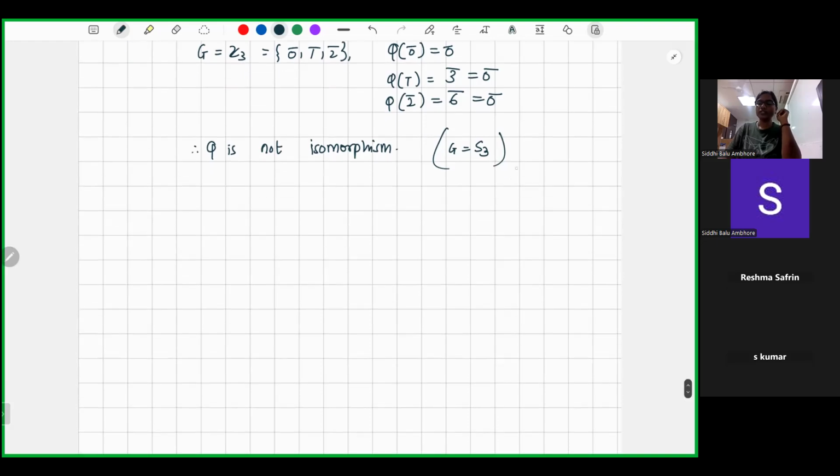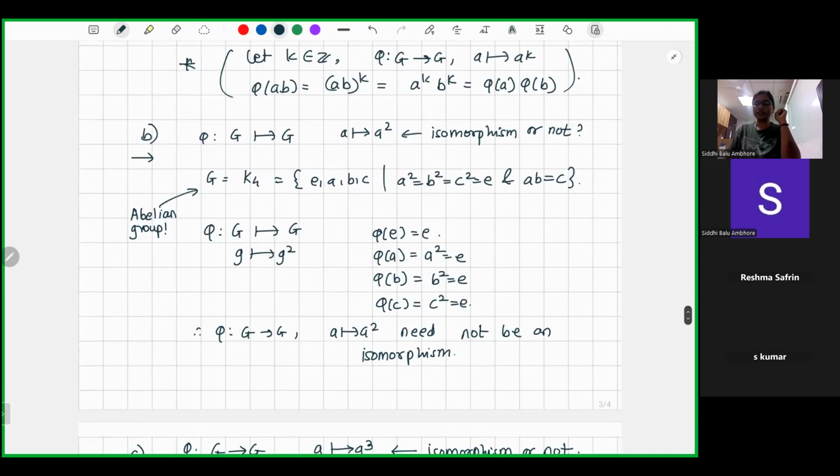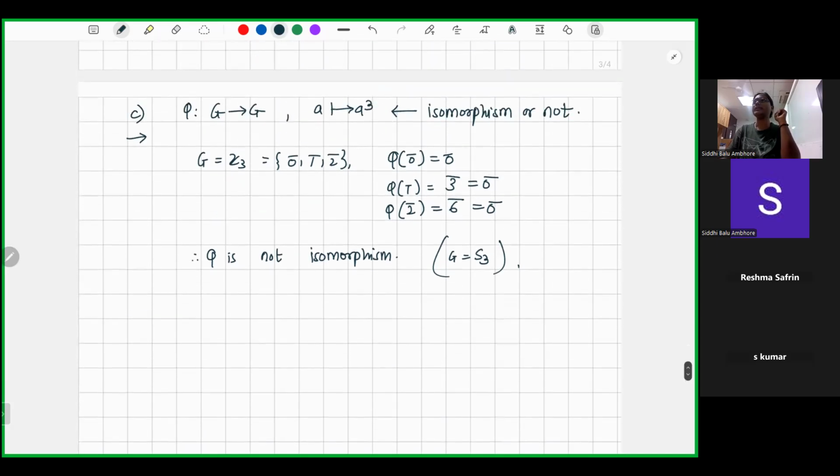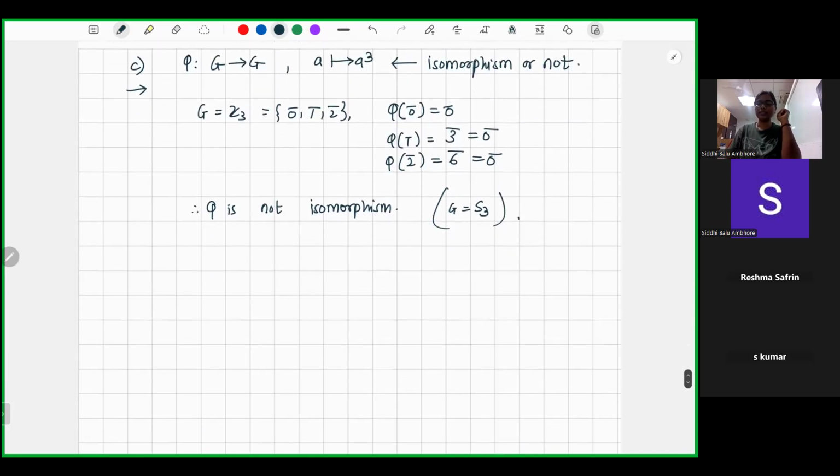You can choose any group of your choice, and in general, for any k, keep this in mind, for a power k, the moment I have elements of order k in that group, it will go to identity, and that will make this map not an isomorphism.